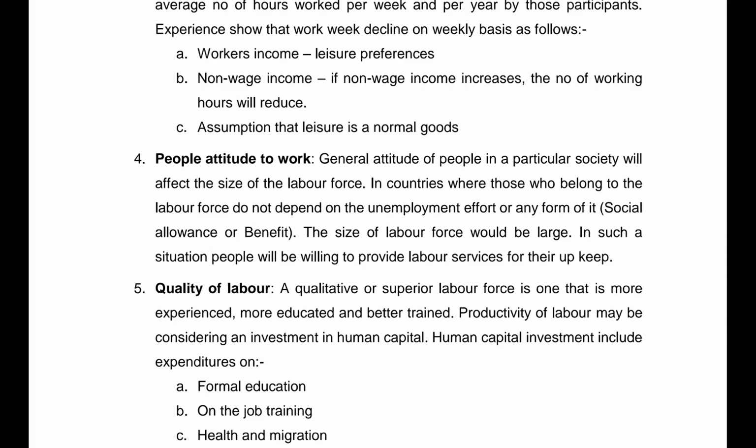In other countries they're given social benefits, unemployment benefits. When you're not employed, you get some allowances. So the size of the labor force would be large, okay? It would be large in that case.